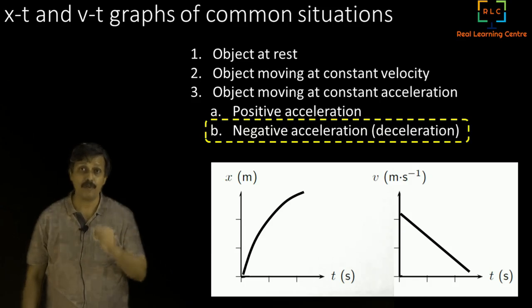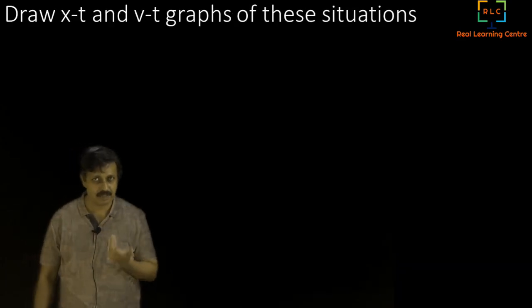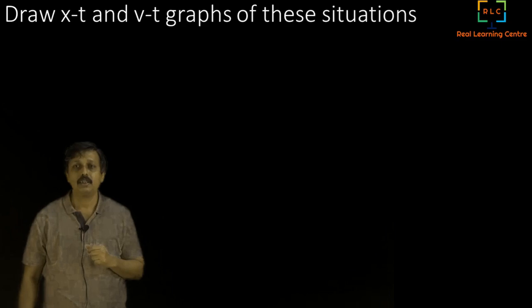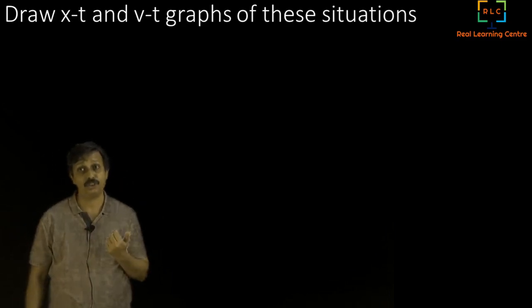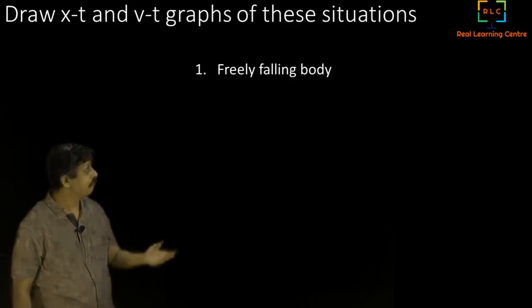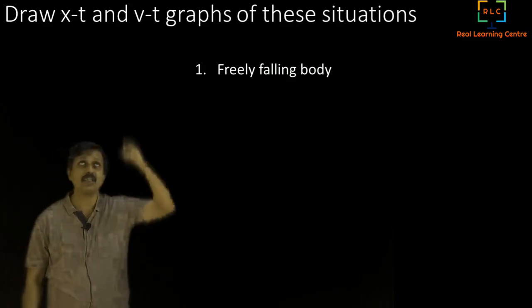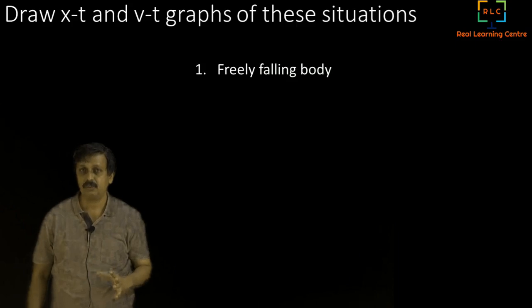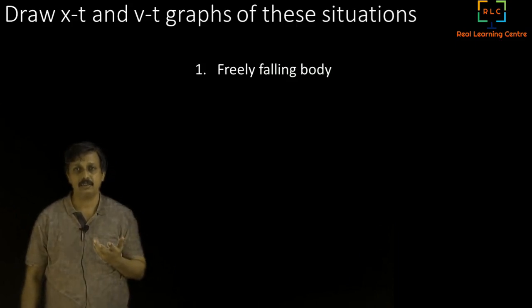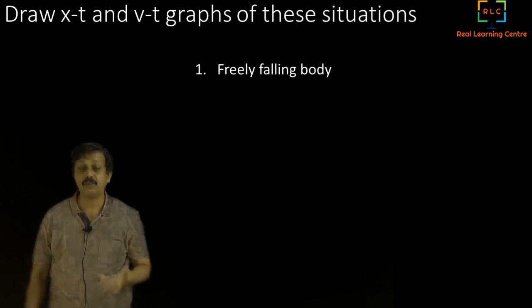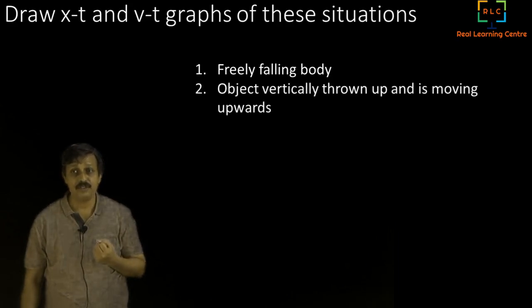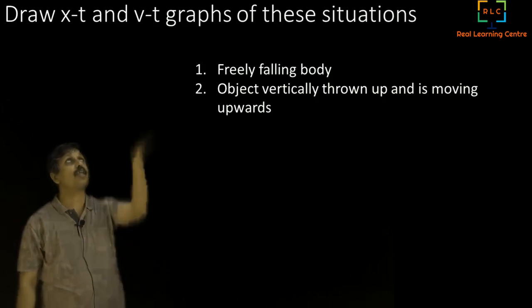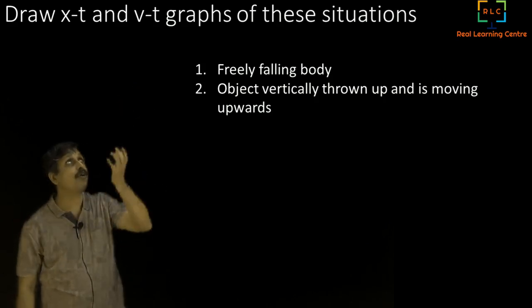Now let us see whether we can do some homework. Draw the v-t graphs and x-t graphs for these situations. First, a freely falling body: just drop something, it is falling. Can we draw the x-t and v-t graphs for that? Then, an object vertically thrown up, still going up.